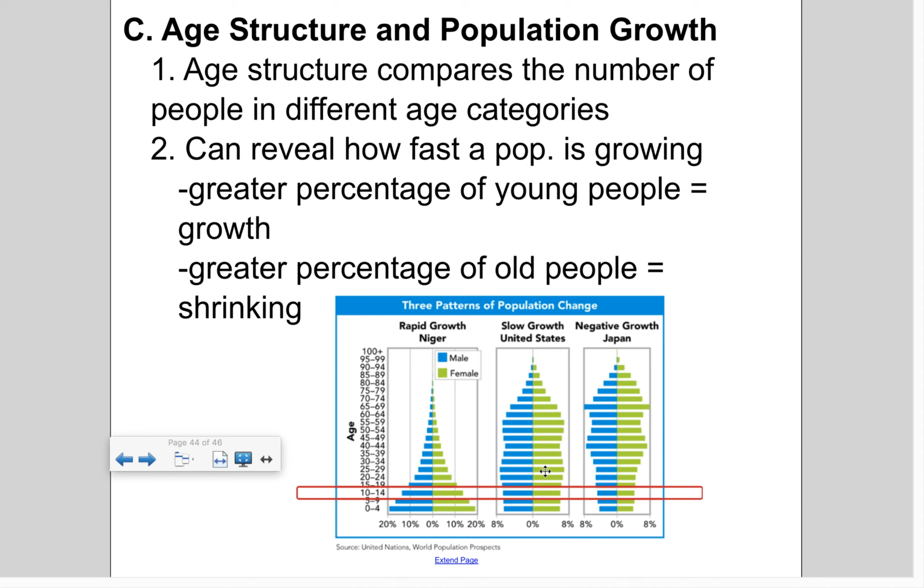And then you take a look at Japan, where Japan has a lot of elderly people, and people are not getting married, people are remaining single. You can read a lot of stories about Japan and this unique society, but they actually have a negative growth rate where they don't have a lot of young individuals at all. So just by looking at this age structure, it tells a story about what's going on in that country.